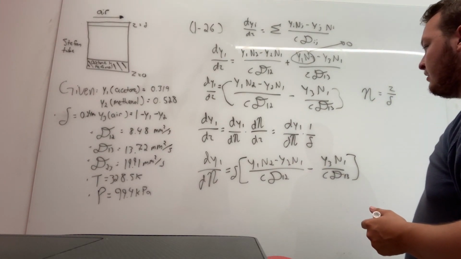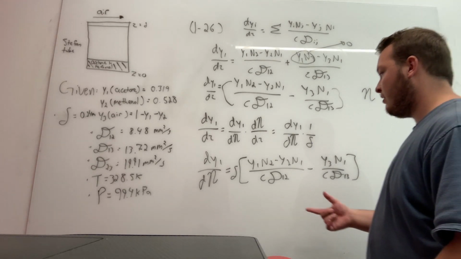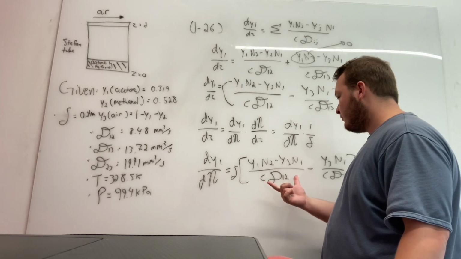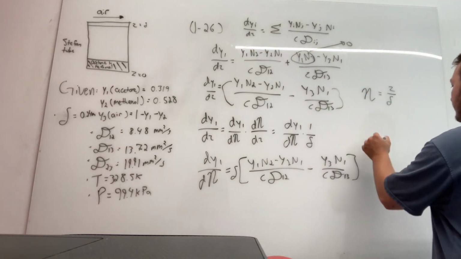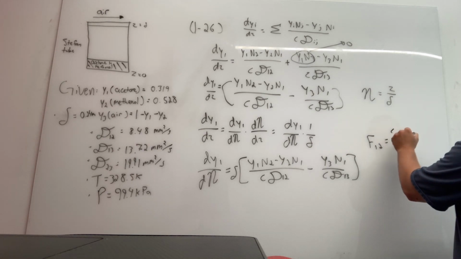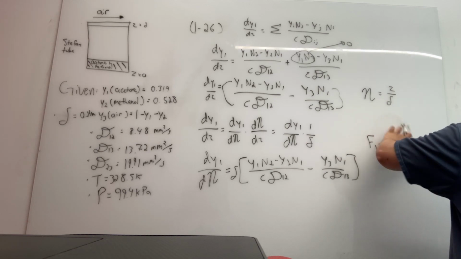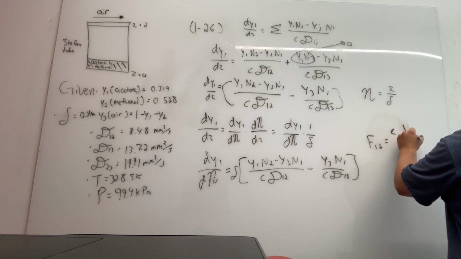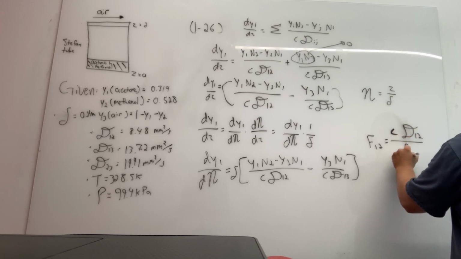Now we can start playing with these. We're looking for the order of magnitude. We can create a variable equal to c times the Stefan-Maxwell coefficient of 1, 2 all over delta.